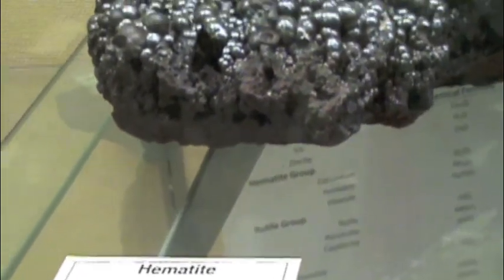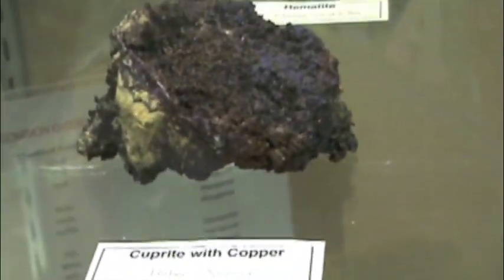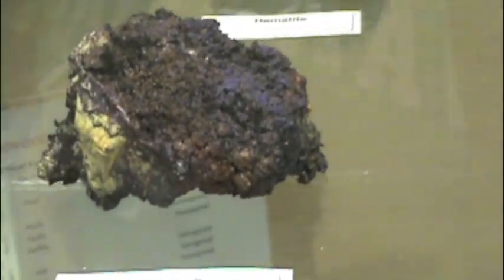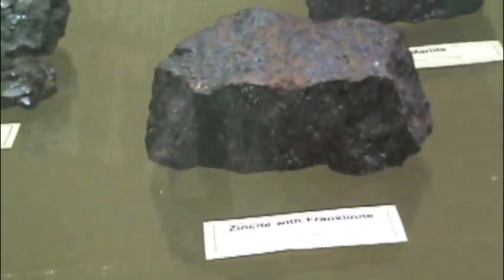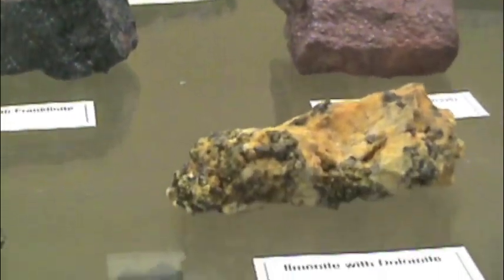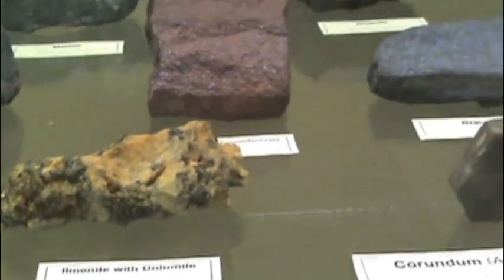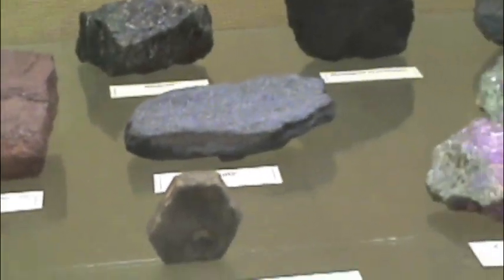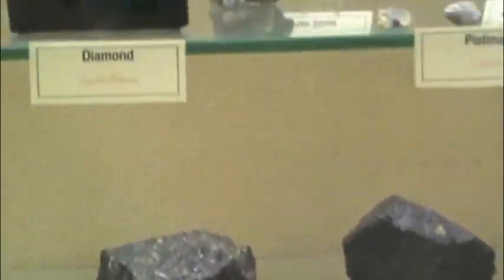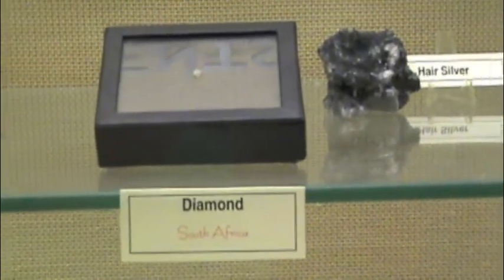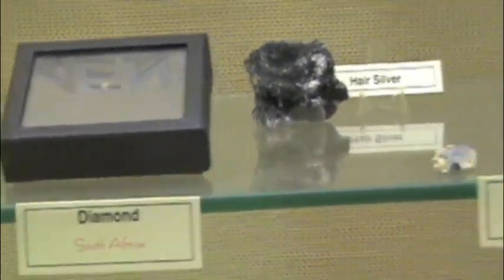Yeah, I always thought that was cool. Actually, I did one of my first reports on that. So Western has a lot of really neat mineral samples, some very large samples as well. Of course, our diamond is a little small, but hey, at least we've got a diamond, right?